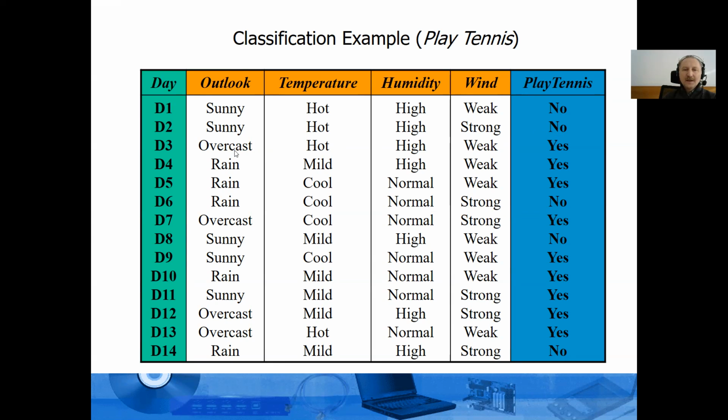Another day it was overcast, hot, high, and weak, and they played tennis. It is a simple dataset. You can collect a dataset like that by making experiments and observations. This is one example benchmarking dataset.